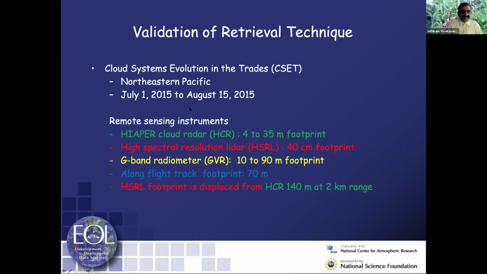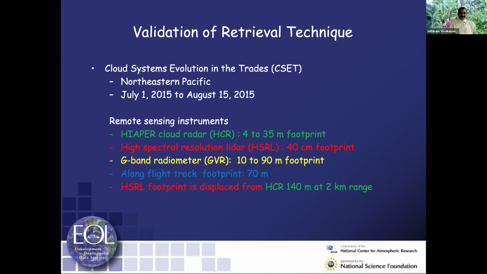Here, we had a number of remote sensing measurements. The cloud radar, the HIAPER Cloud Radar, has a footprint that varies depending upon how far the cloud is from the G5, from the Gulfstream. A 4 to 35 meter footprint could vary. The LiDAR footprint is 40 centimeters.